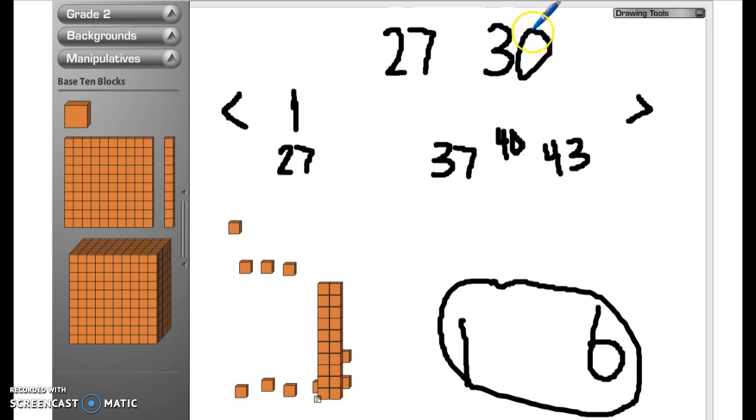And I know in order to get from 30 to 43, I'm going to go 13. And so since I went from 27 to 30 was 3, and then 13 more makes 43, then I know the difference is 16. So that's another way that I can play with the numbers to determine the difference.